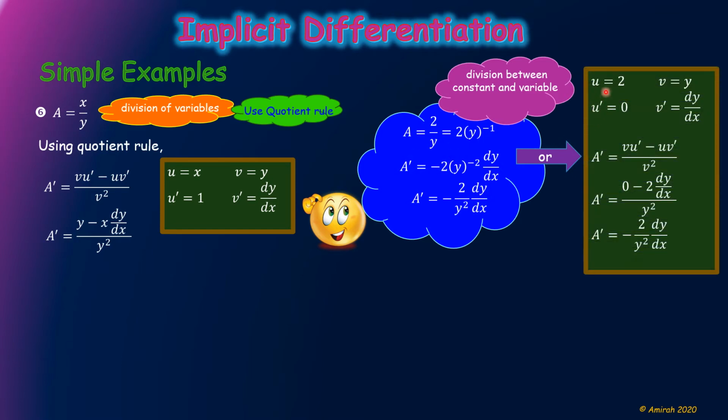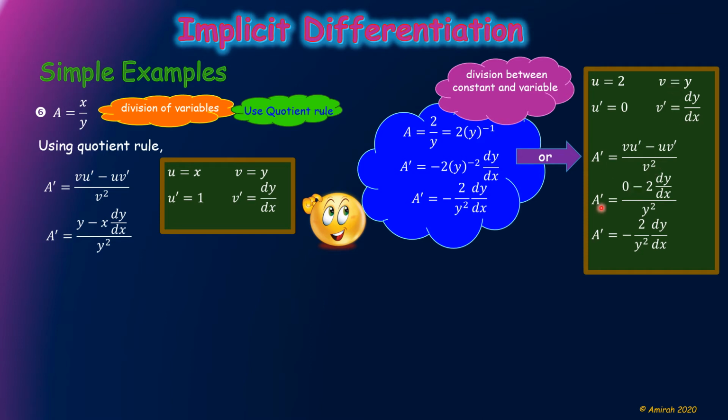When we use the quotient rule, we define u equals the numerator 2 and then we differentiate. And we define v equals the denominator y and then we differentiate. Then we use the quotient rule formula A prime equals VU prime minus UV prime over V squared. So we substitute into this formula.